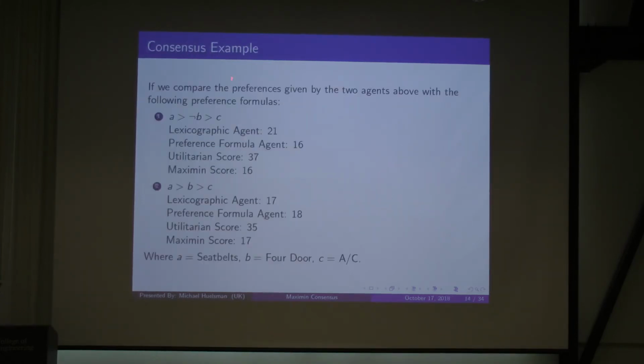So if we look at this first joint model, right, we have 21 for the lexicographic agent, we have 16 for the preference agent. So our utilitarian score is 37, which is pretty decent. But our maximin score is 16. Where do those numbers come from?